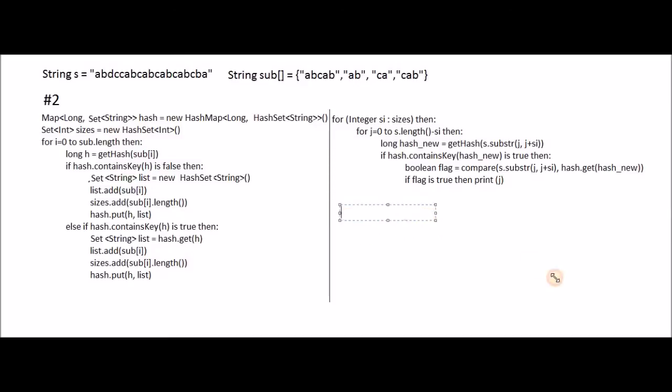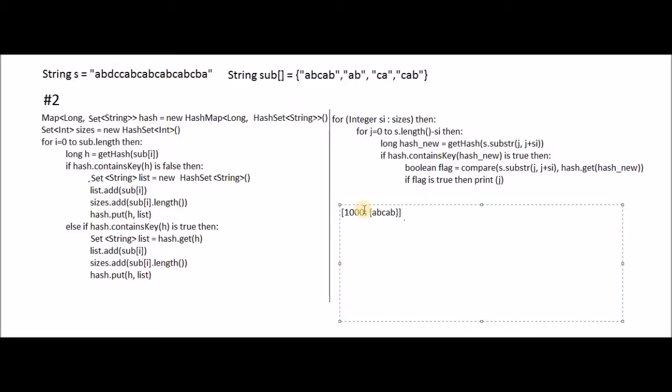Let's say this is my substring ABC AB, and let's say 1000 is the hash of that string. So that's the hash right now for this particular substring.